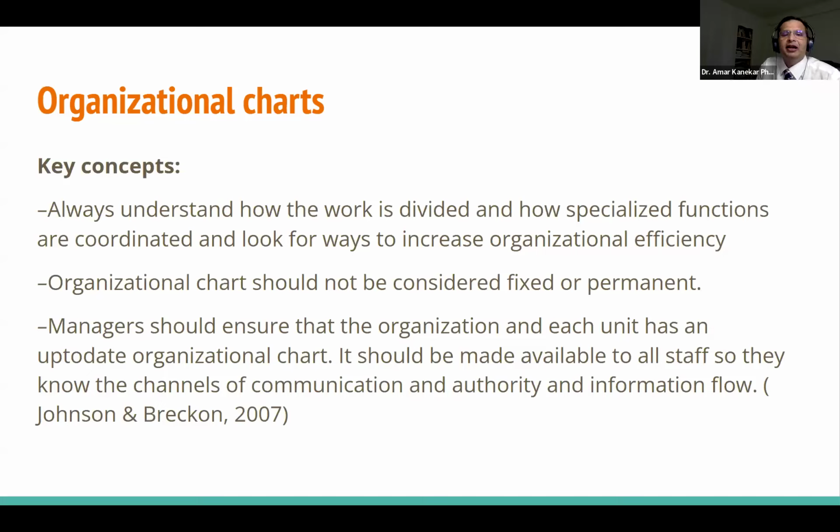It should be made available to all staff so they know all channels of communication, authority, and information flow. So we do talk about different organizational charts.